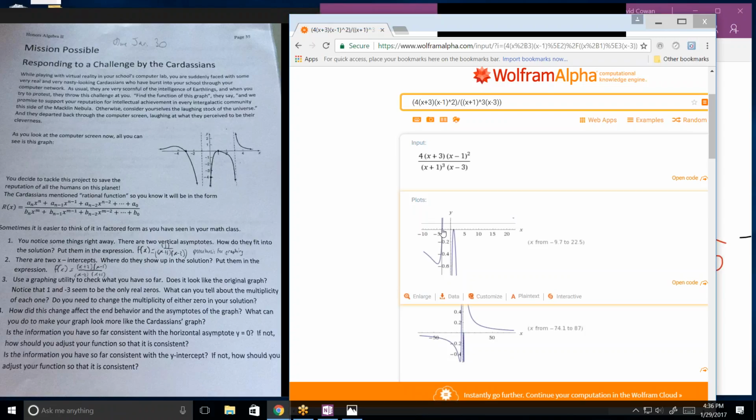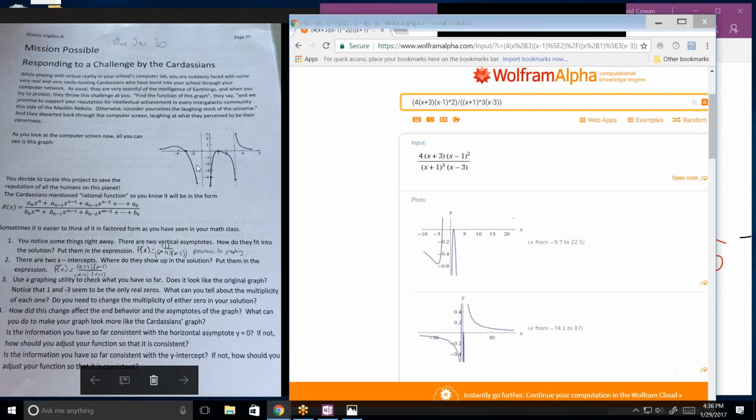Oh, I see what's going on. Okay. These are consistent with one another. This graph on the bottom has a part in the left that shoots back up and goes to positive infinity, which I don't think we're even allowed to do. Yeah, no, it definitely doesn't look like this.